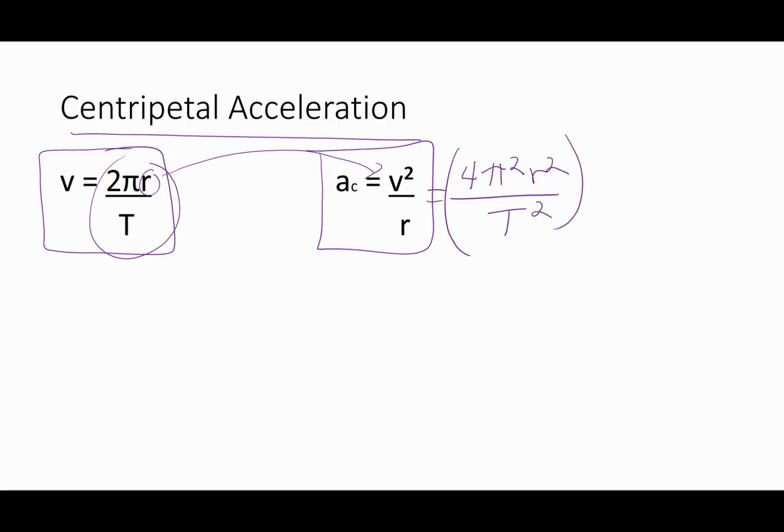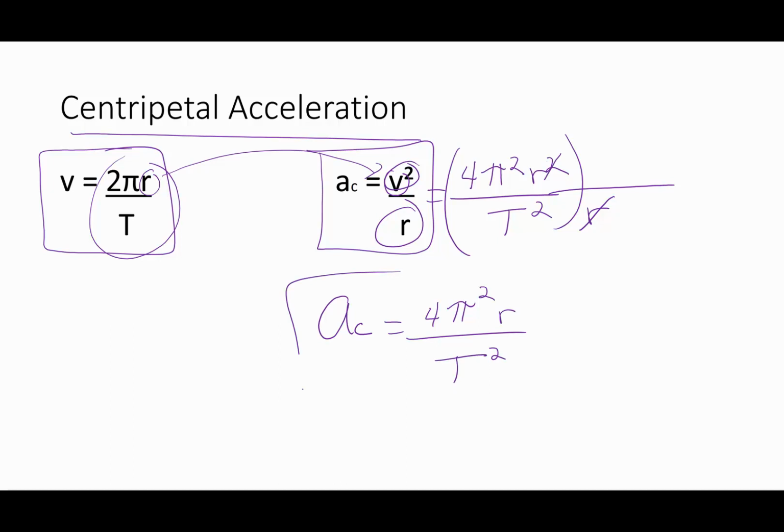So all of this is equivalent to velocity squared. And then this is going to be divided by r. I've got another radius down here. This cancels this one, and I end up with centripetal acceleration is 4 pi squared r over T squared. And this is another equation for centripetal acceleration, and it's really handy.